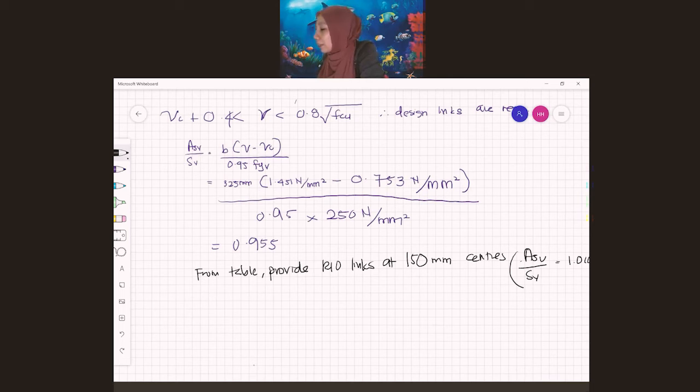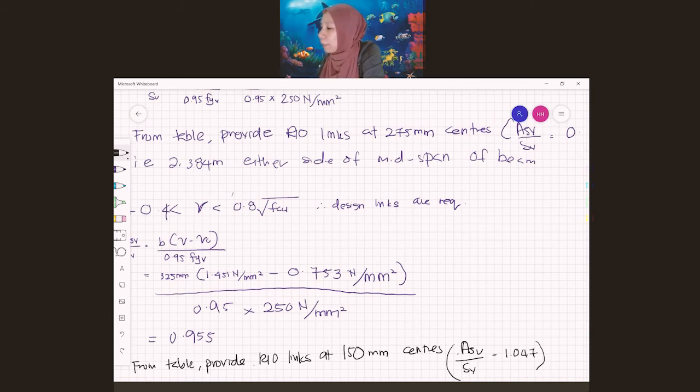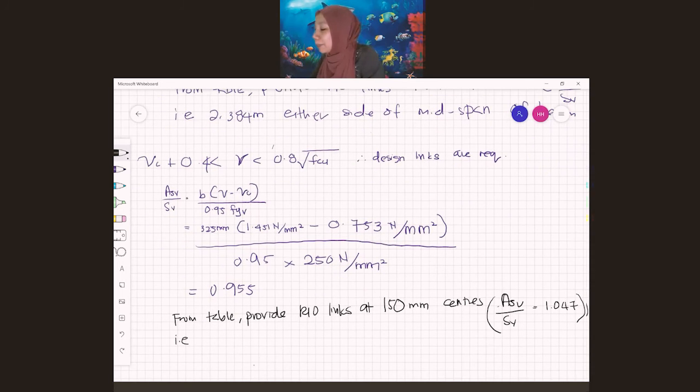Okay, jadi kat mana nak letak ni? Okay, macam tadi kita dah tahu kan, kita letak dia, jarak dia adalah 2.384 daripada midspan of beam, both side. Maksudnya kanan dan kiri daripada midspan tu bergerak ke arah hujung beam. It is 2.384. Okay, balance je.